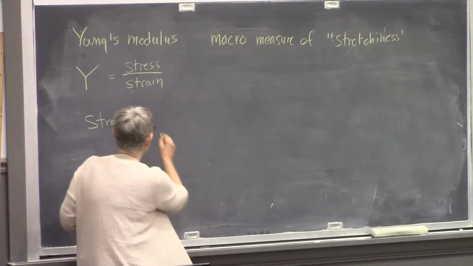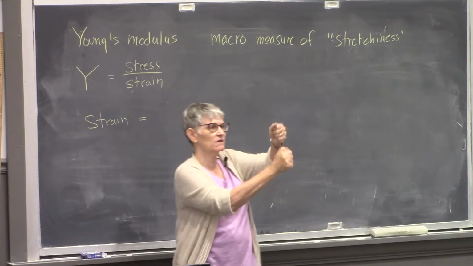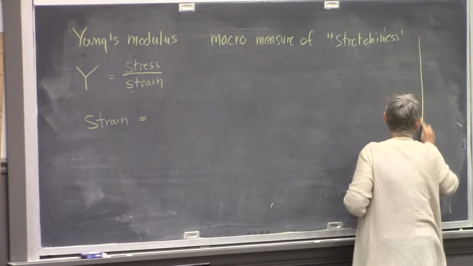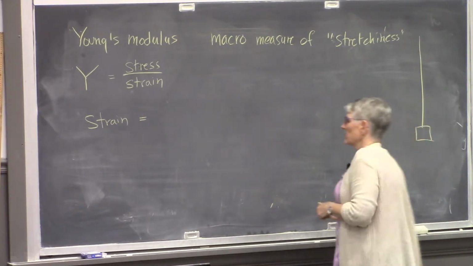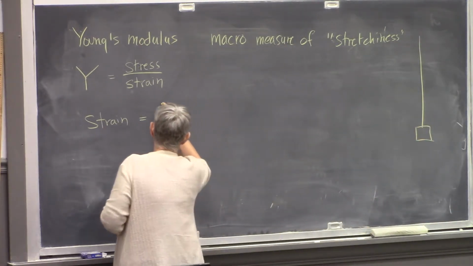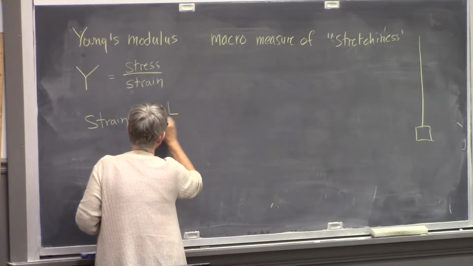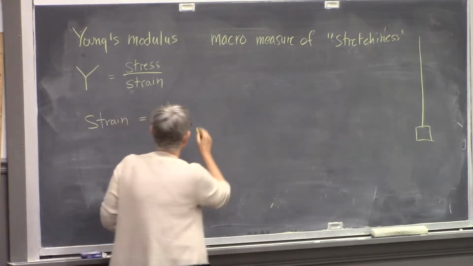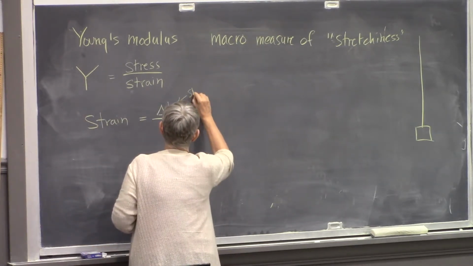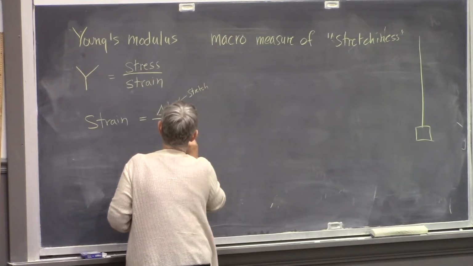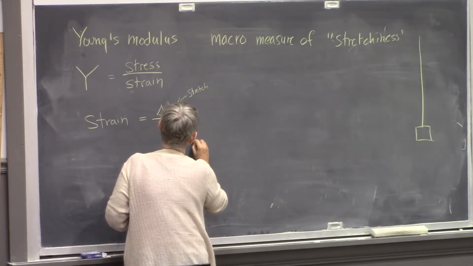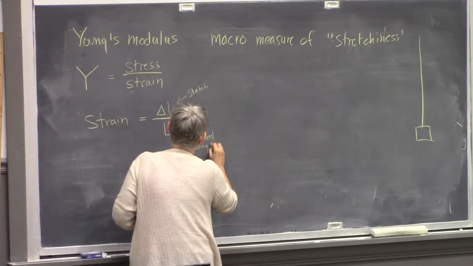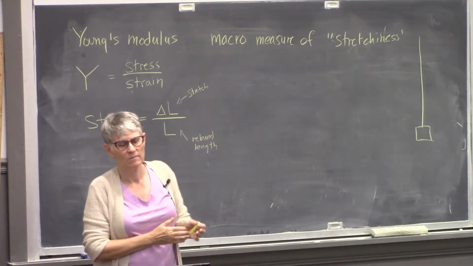So it's defined as, if you hang weights on a wire, which is the thing we're doing here, this is the change in length of the wire over the original length of the wire. So this is basically stretch. And this is the relaxed length of the wire.